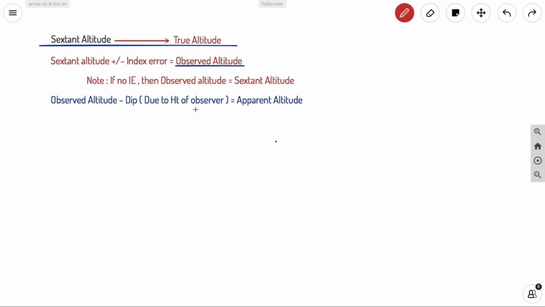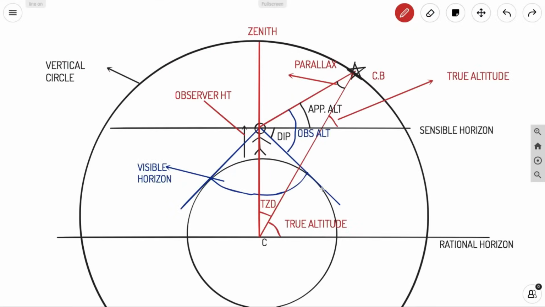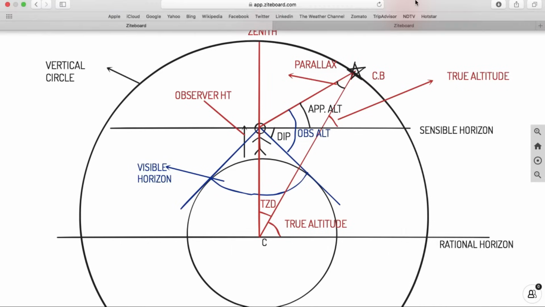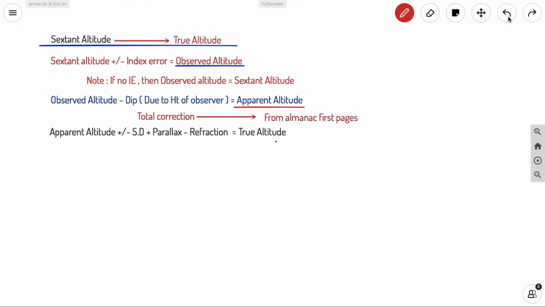Next, observed altitude minus dip, that is due to height of observer, will give you apparent altitude, that is visible from your diagram. Your observed altitude minus your dip will give you apparent altitude between sensible horizon and the line joining observer to celestial body.